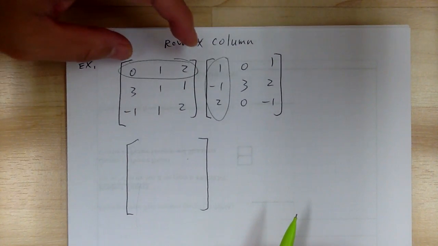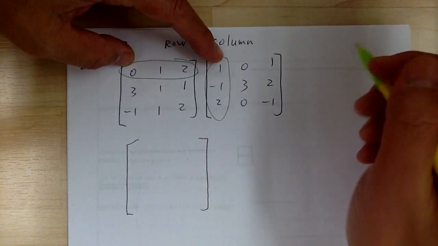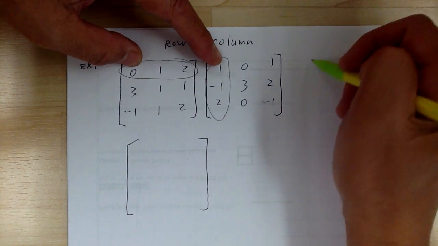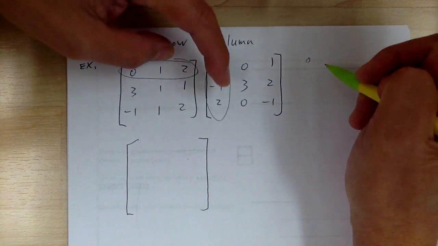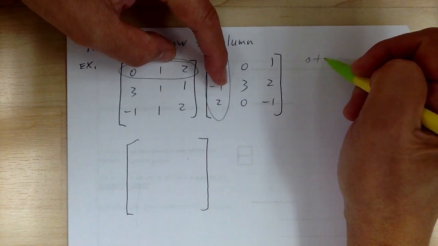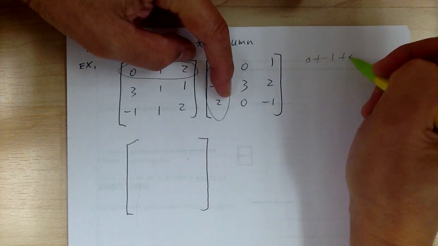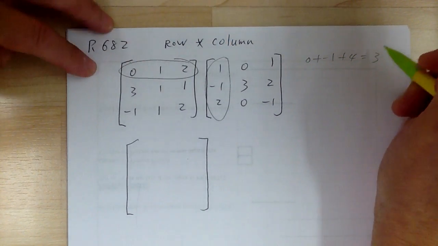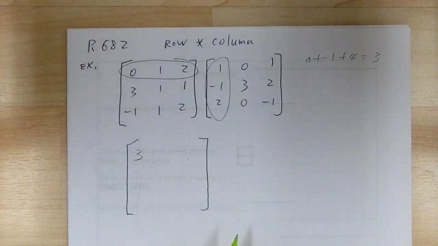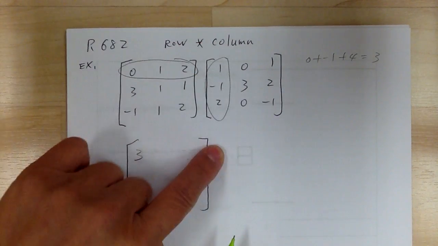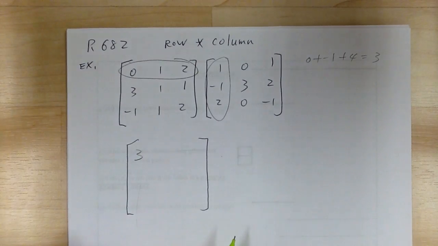And you want to write it down as you go. So multiply, this would be 0 plus -1 plus 4, so this equals 3. The 3 will go over here. So the first row times the first column goes to the first row, first column.